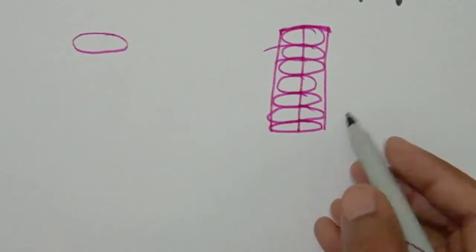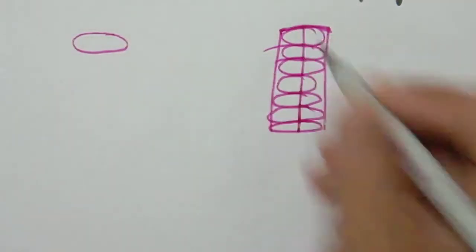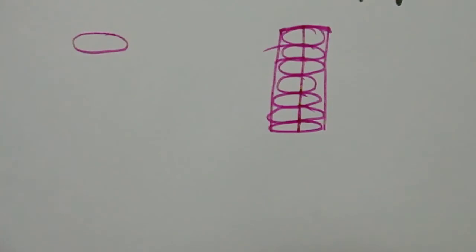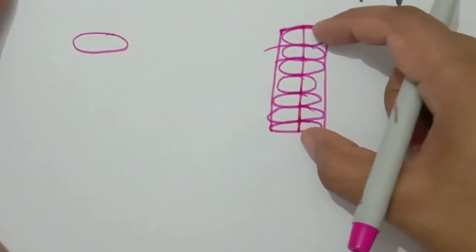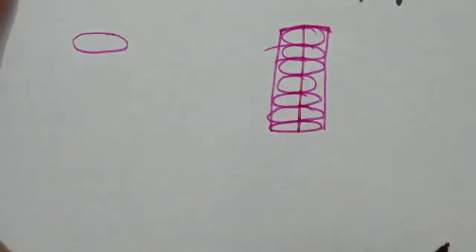Why right circular cylinder? Because of the axis. The line segment joining the two centers of the two bases is called the axis of the right circular cylinder.